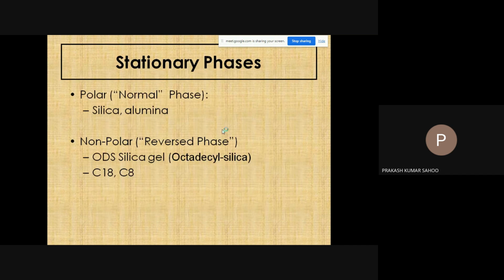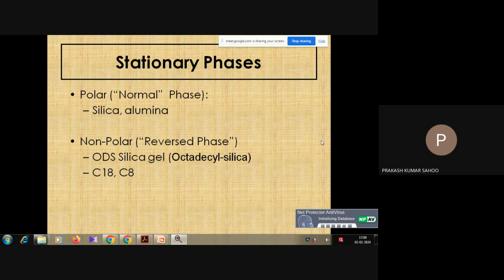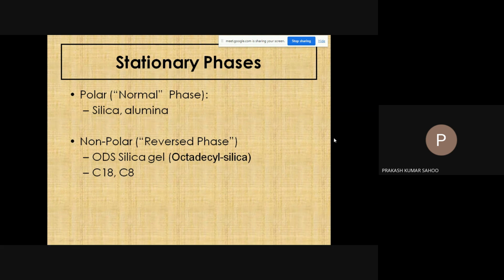Then the stationary phase and the mobile phase, again the same mechanism applies here. The stationary phase is the static phase, or we can say it is the solid phase of the chromatogram of HPLC. In the stationary phase, the materials used are polar. If it is polar, it is known as normal phase, and it may be silica or alumina.